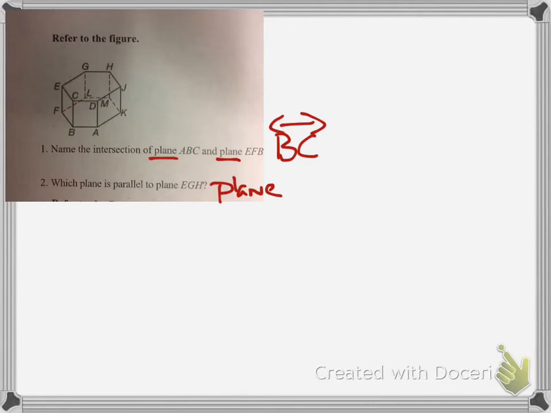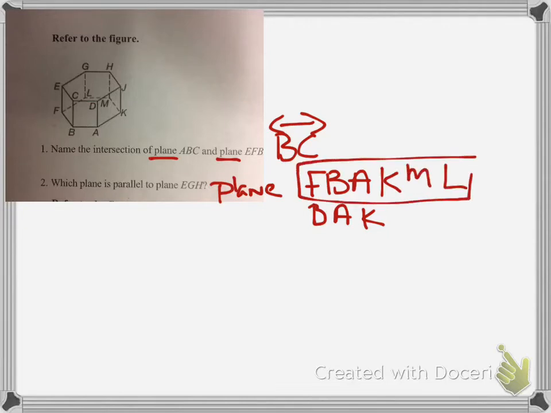So you could say FBA, you could tell me BAK, you could even go into the back, but basically you're looking for FBAKML. Any of these points, because if you see here, those points make up that plane. Any of those 6 points, in any combination, would be considered the answer.